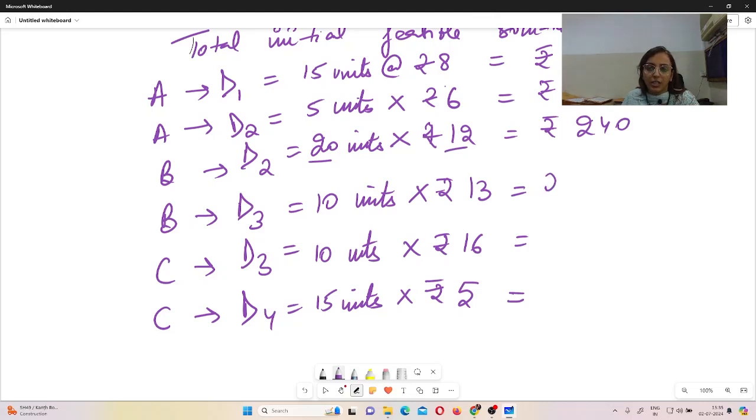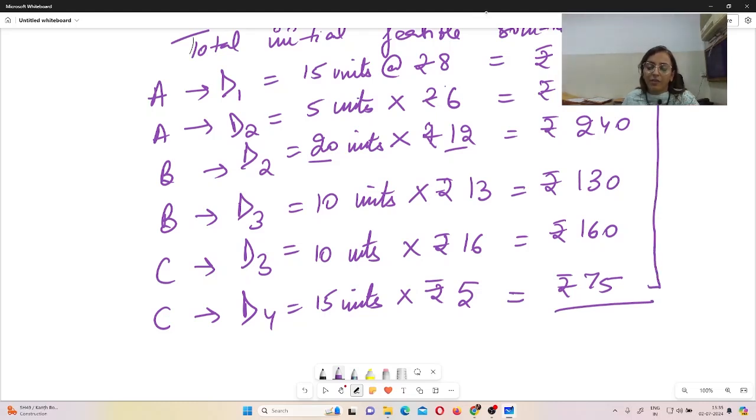Now 13 multiplied by 10 is 130 rupees. 16 multiplied by 10 is 160 rupees. And 15 multiplied by 5 is 75. Adding all these values, we find the total is 755.